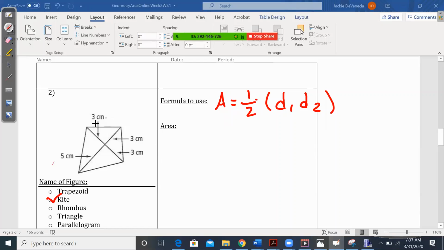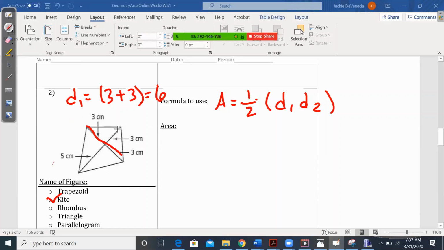The thing that's weird over here is that our diagonals are broken up. So let's make this one D1. This side of D1 is 3, and this other side is 3. So to find diagonal 1, I'm going to do 3 plus 3, which is 6.